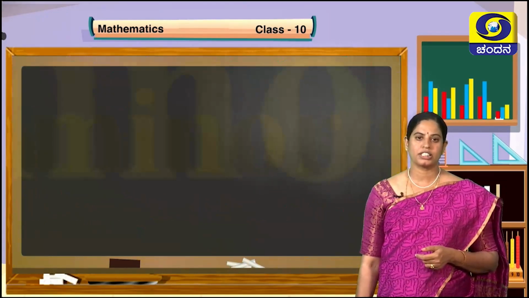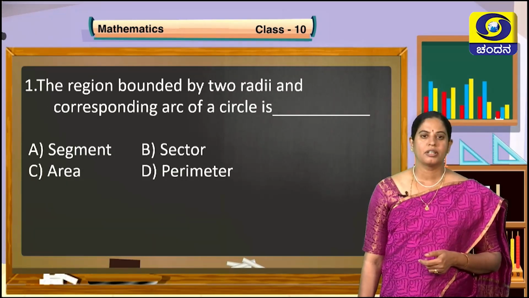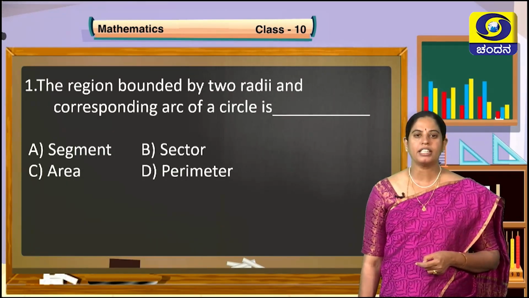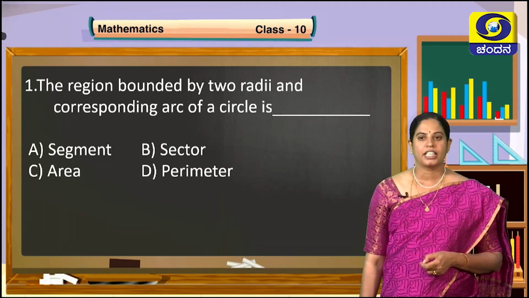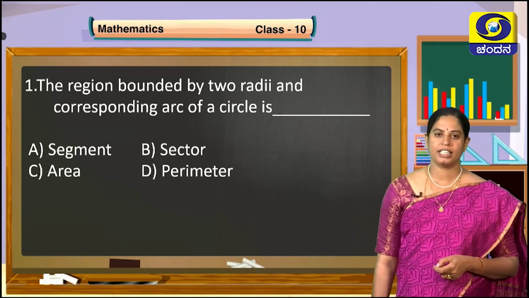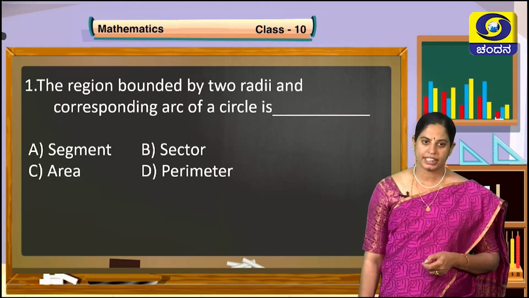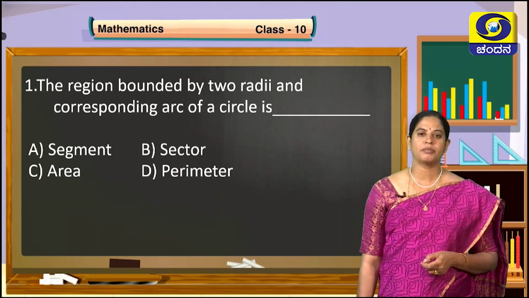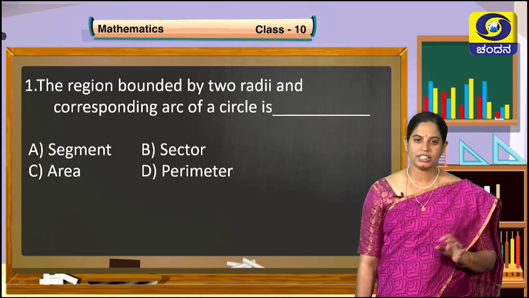The first question starts like this: the region bounded by two radii and corresponding arc of a circle is. Read the question carefully. The region bounded by two radii and corresponding arc of a circle is segment, sector, area, perimeter. You are clear that C and D is not the answer for this question.